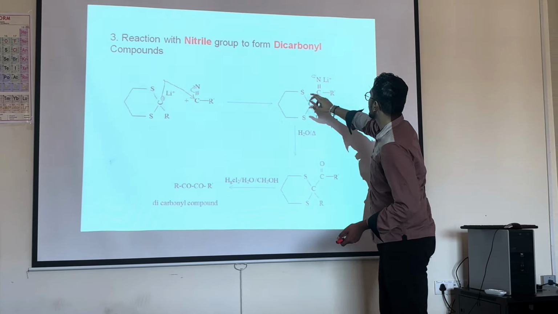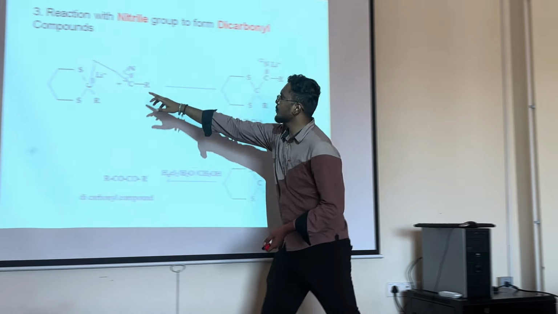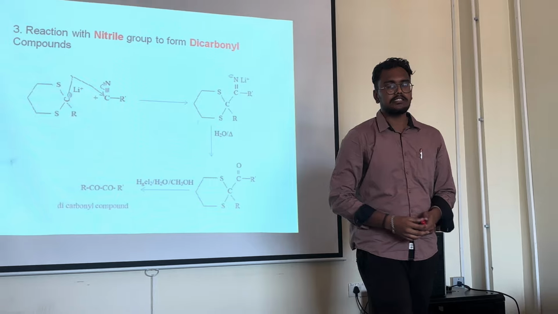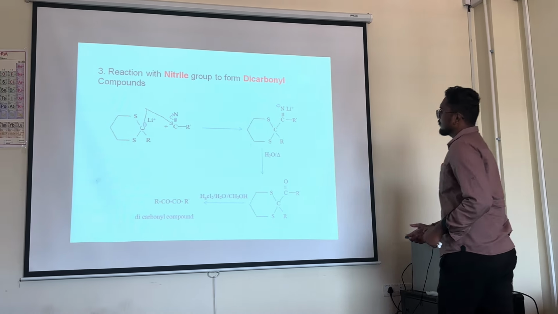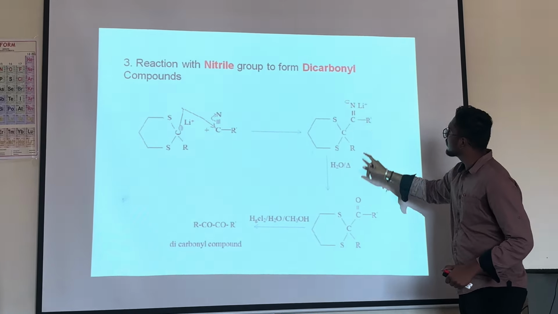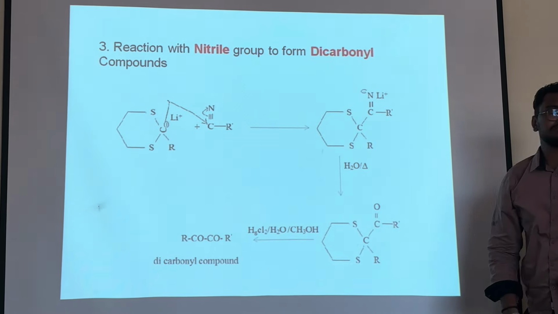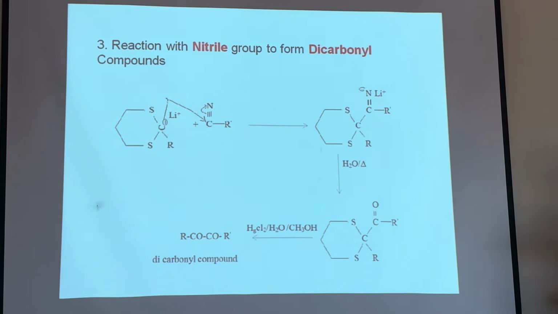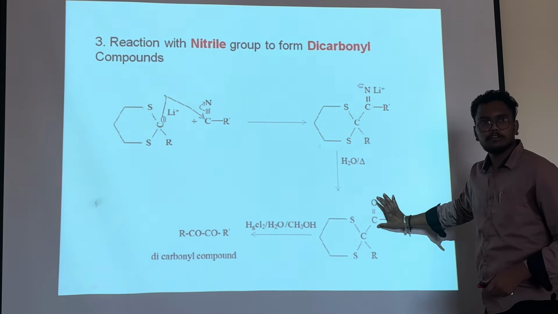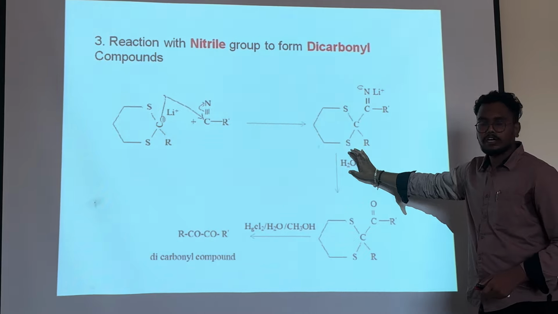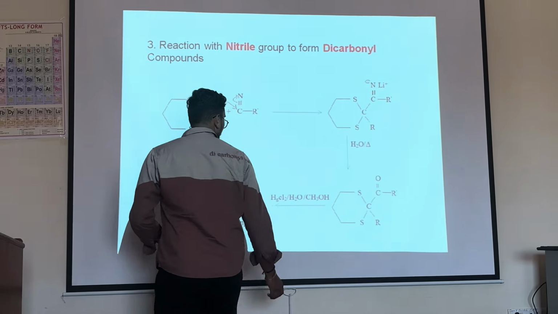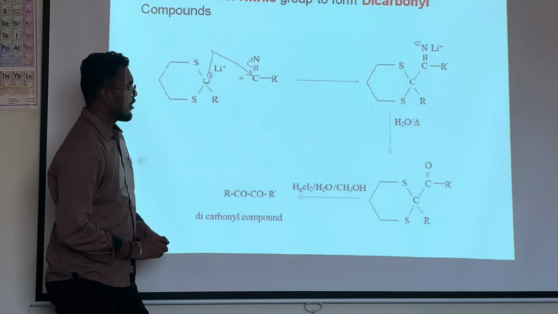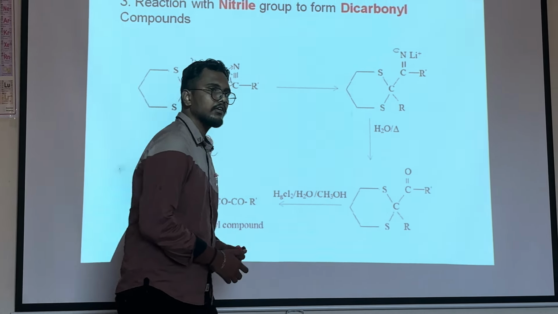Again lithium comes and attacks the negative charge, neutralizes it, and then undergoes hydrolysis and heating to give this compound. See, instead of the imine group with N double bond, the carbonyl group will come when we do hydrolysis. Again we do HgCl2, H2O in ethanol and we get the dicarbonyl group.